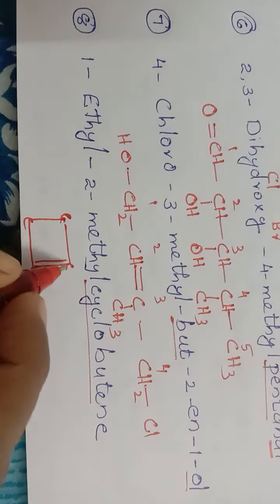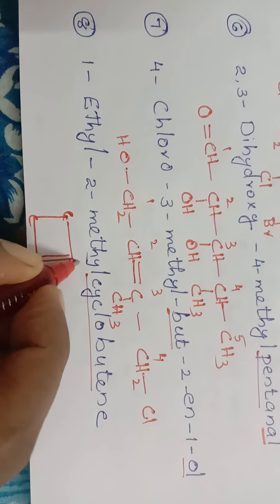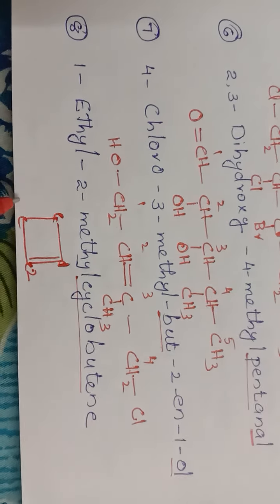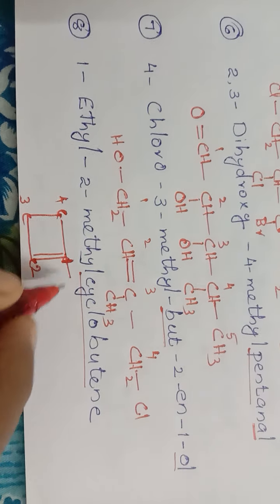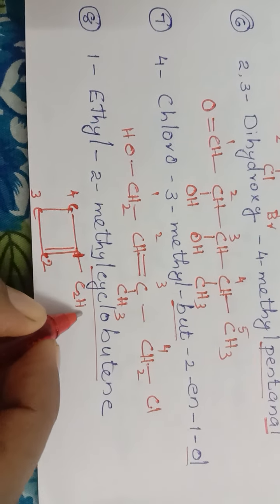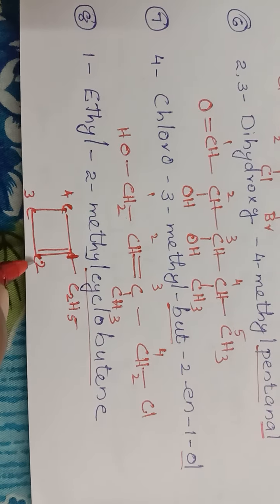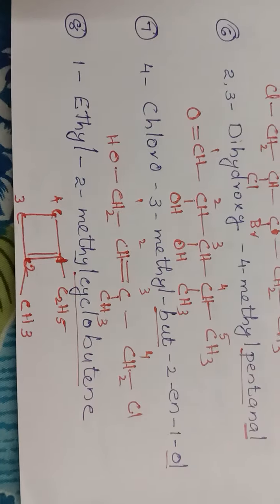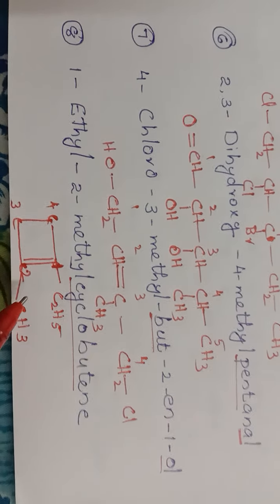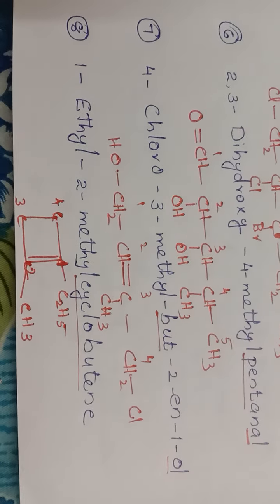And on one of the double bonded carbon atoms, we put 1, 2, 3, 4. 1-ethyl. First carbon atom, there is an ethyl group. C2H5 group is present. 2-methyl. Second carbon atom contains methyl group. 1-ethyl, 2-methyl cyclobutene.